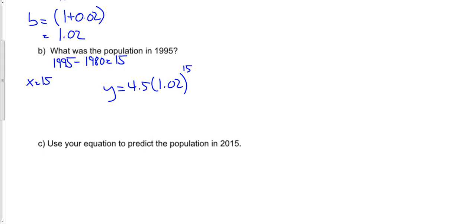Okay, so what I'm going to do is I'm going to calculate this. And again, bear in mind that when you're calculating, you have to do the power first and then multiply it by the a value. So in this case, in my calculator, I'm going to do 1.02 raised to the exponent 15.